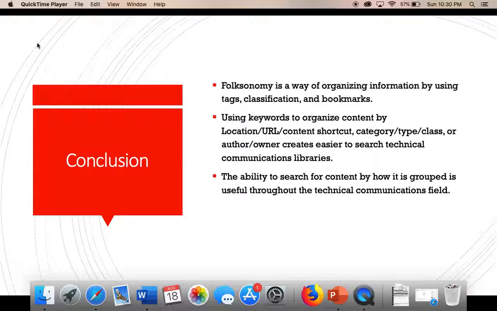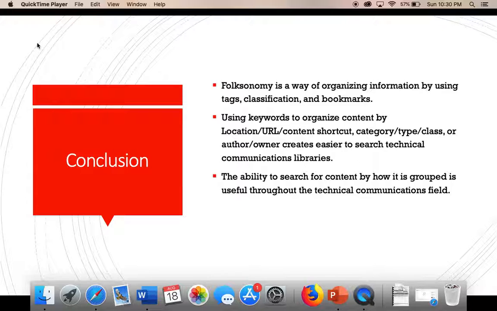So what we have learned is that folksonomy is a way of organizing information by using tags, classifications, or bookmarks. Using keywords to organize content in different groups makes it much easier to search technical communications libraries.